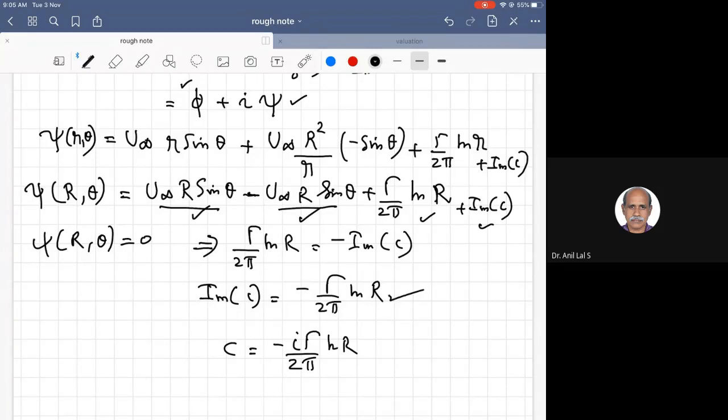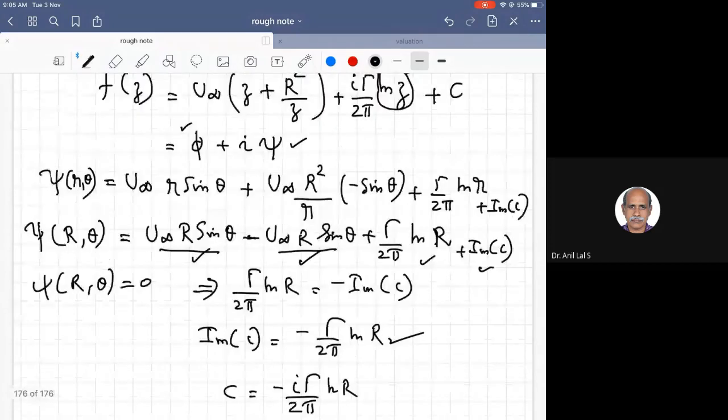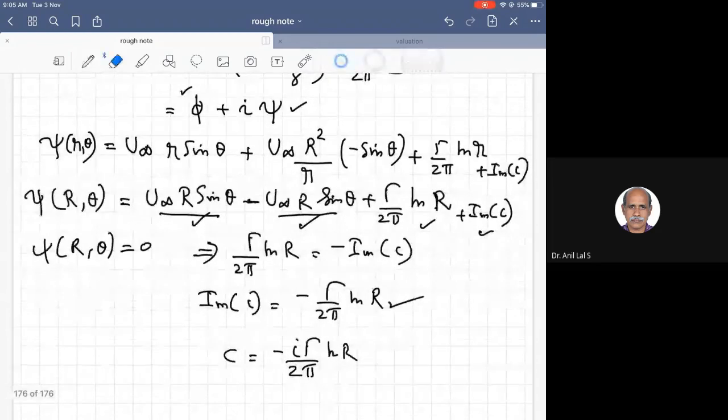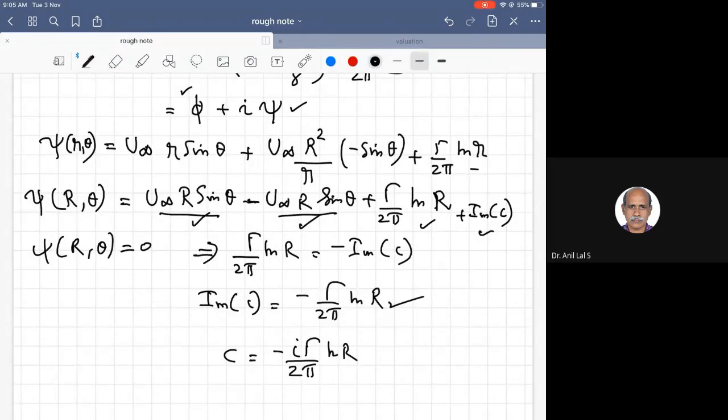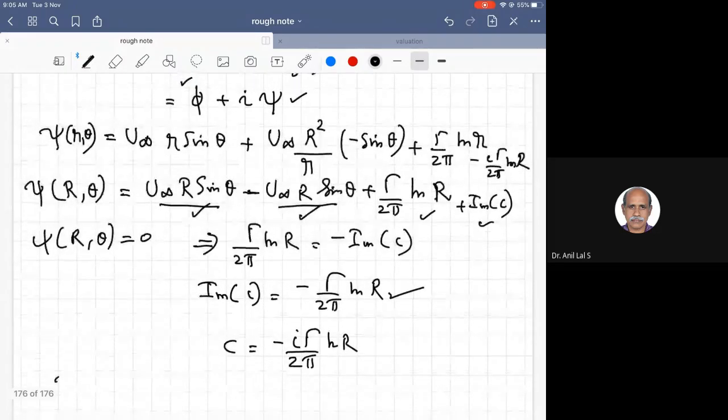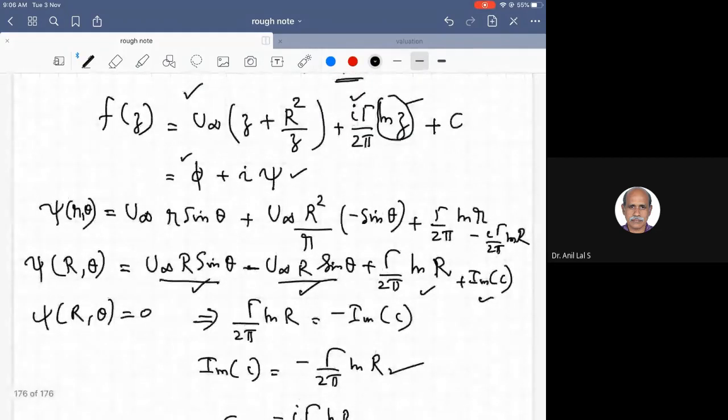So if you substitute that C, this would become minus i gamma by 2 pi log capital R. What is C?